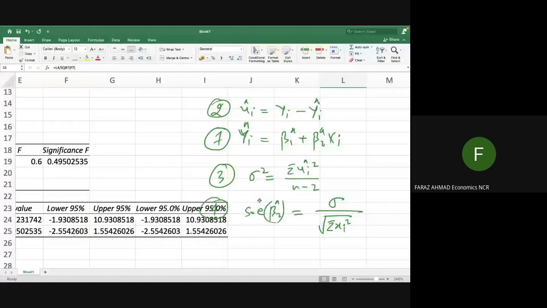So the regression output gives us this value, and I can check it by calculating by hand. This is what you are supposed to do using pen and paper, using these formulas, right?